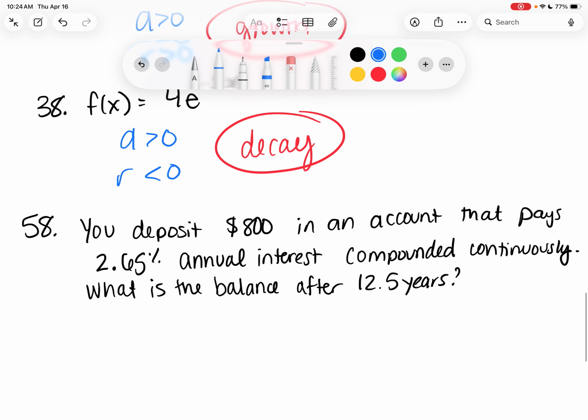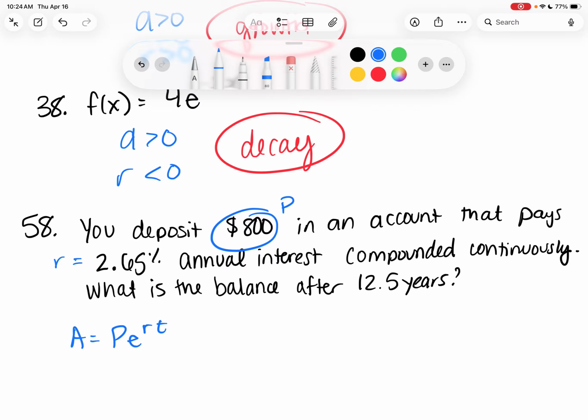So our formula is A equals PE to the RT. I'm going to label what each of these things would be. This $800 is going to be P, the principal amount that we start with. E is obviously just the number, so we don't need anything with that. Now, R is technically this 2.65%.